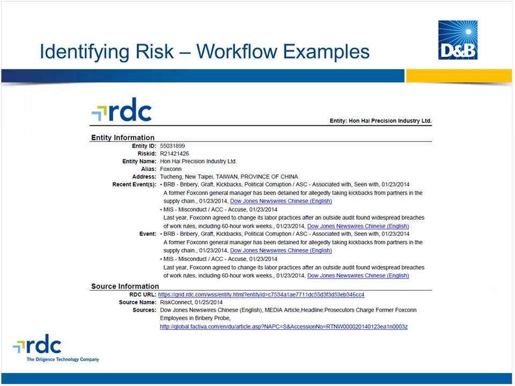Foxconn has hit the media for a number of years now around their relationship with Apple and some negative stories around that. In this case, more recently, a former Foxconn general manager has been detained for allegedly taking kickbacks from partners in the supply chain.